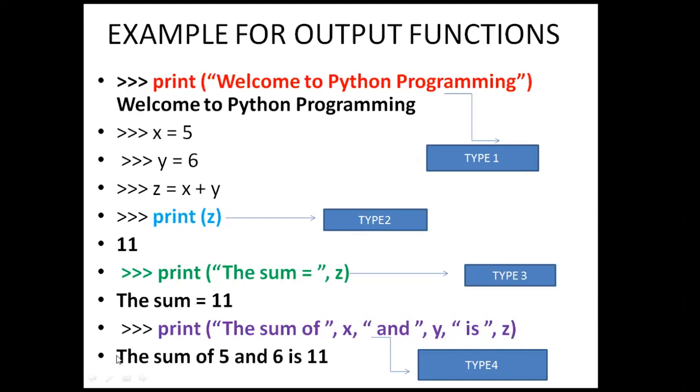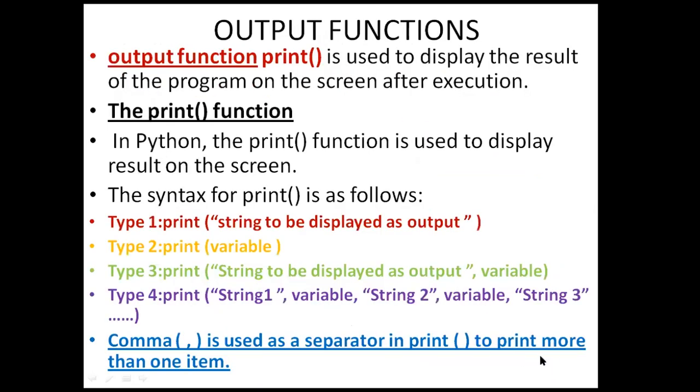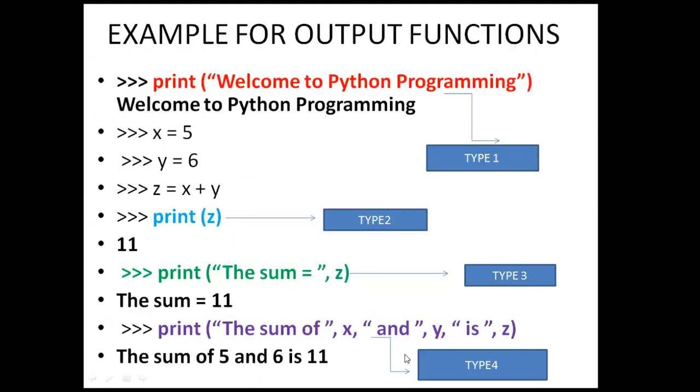So it joins that string with that variable. The sum of 5 and 6 is 11. So comma is called an operator which can be used in print to separate more than one item, right?